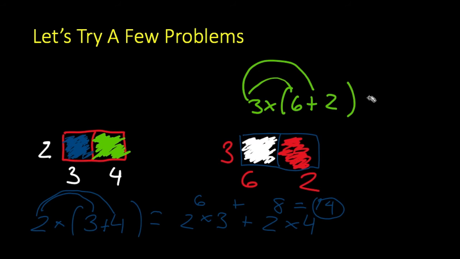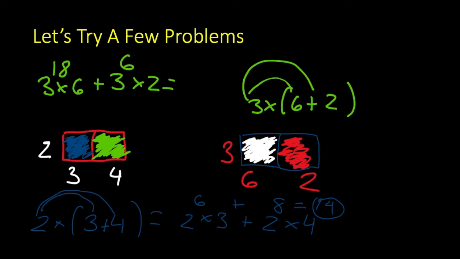So I'm going to do 3 times 6 plus 3 times 2. And whatever we get for these two multiplication answers and we add them, that's going to be our final total. 3 times 6 equals 18, and 3 times 2 equals 6.